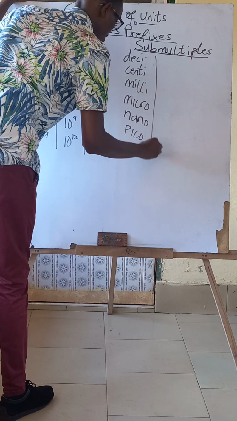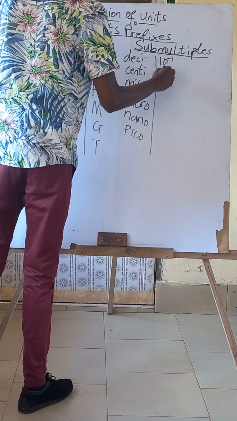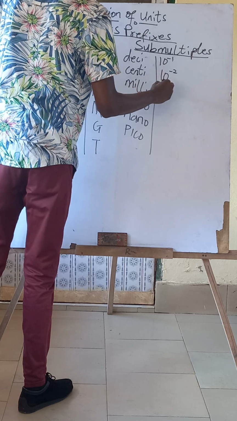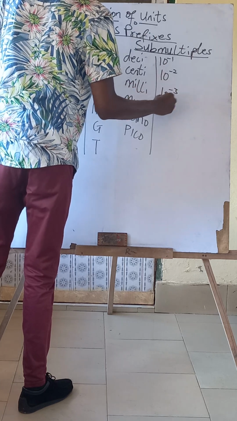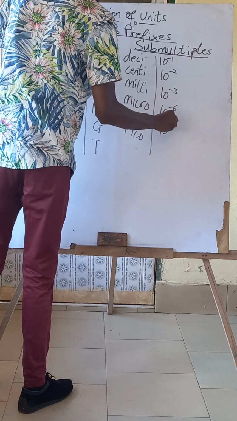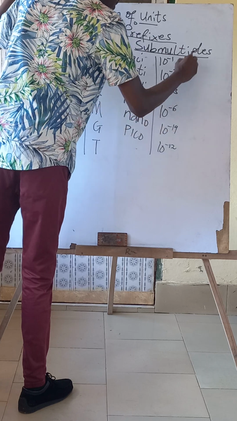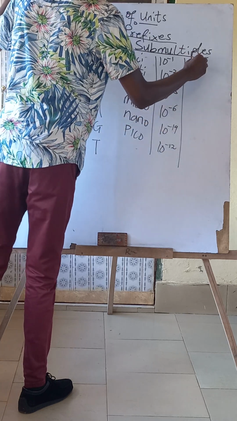These are the major ones. So deci is 10 raised to the power negative 1, centi 10 to the power negative 2, milli 10 to the power negative 3, micro 10 to the power minus 6, nano 10 to the power minus 9, and pico 10 to the power minus 12, respectively. So these are their symbols.